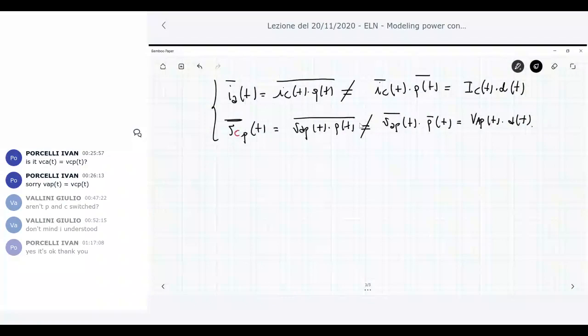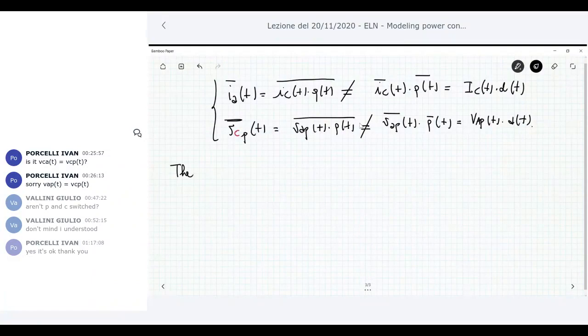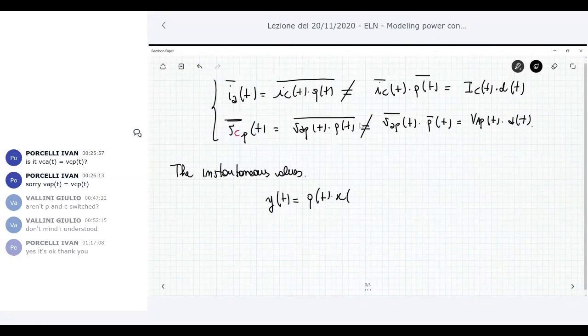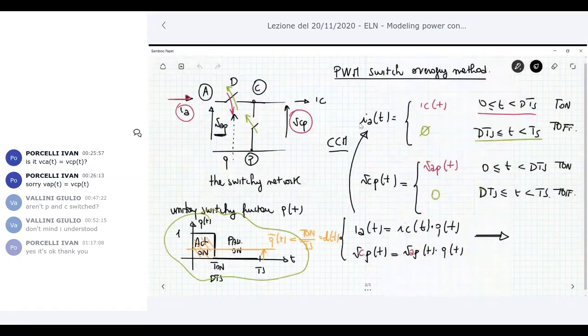Let's suppose we have this situation. The instantaneous value is something like this: y as a function of t, then you have the unitary switching function q, and then you have another variable which is x of t. Okay, we are generalizing our discussion. This is exactly the instantaneous expression that we have here.